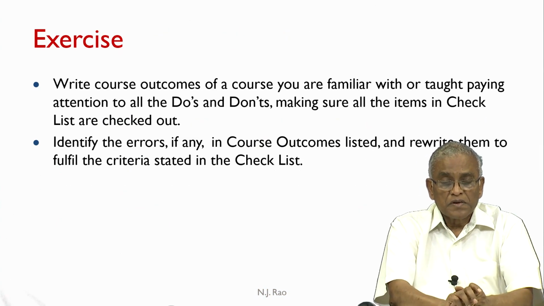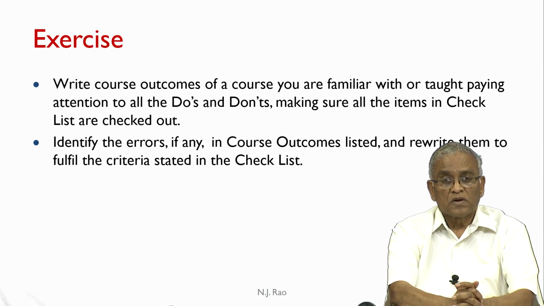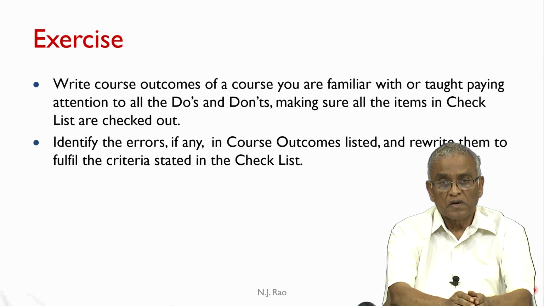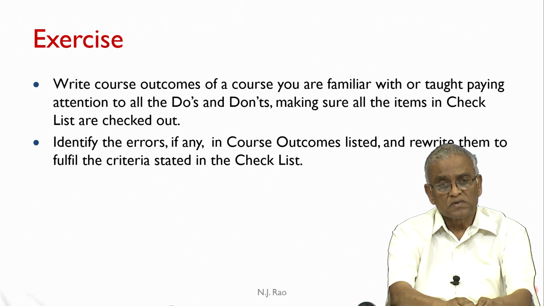So, what we now request you is, as an exercise, write course outcomes of a course you are familiar with or have taught, paying attention to all the do's and don'ts, making sure all the items in the checklist are checked. Once you do that, it is generally good to do this jointly with some colleague of yours, or otherwise discuss with somebody else.